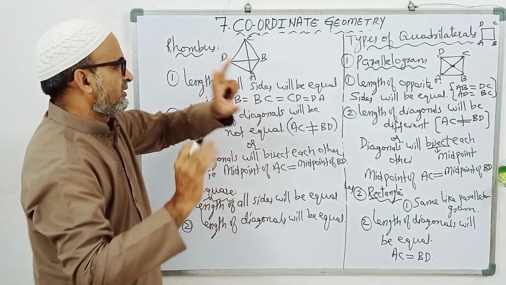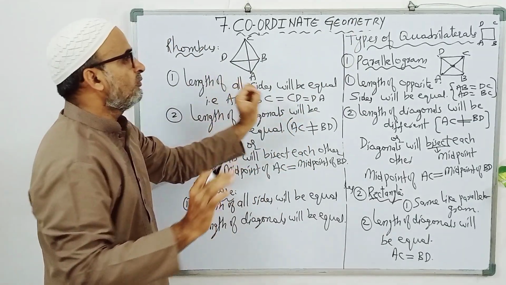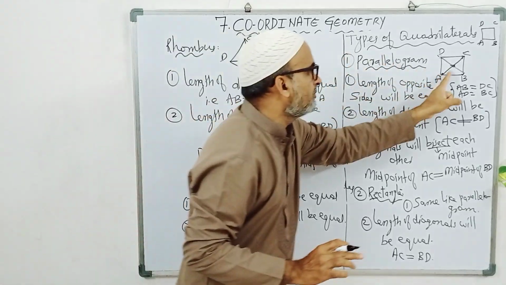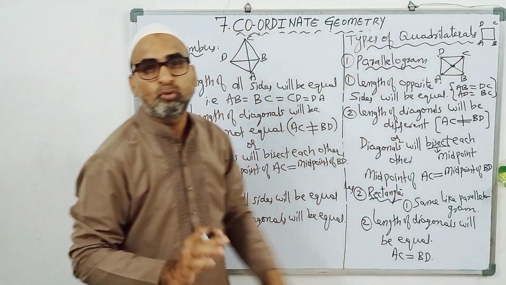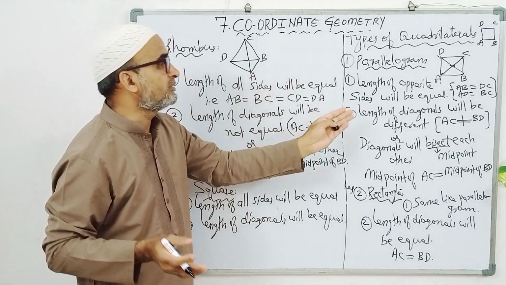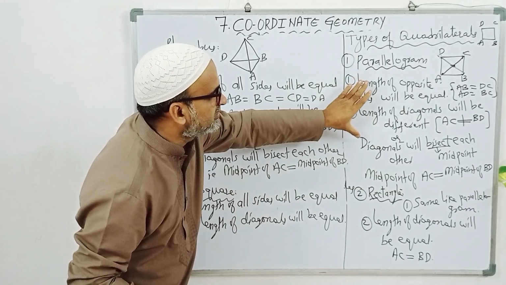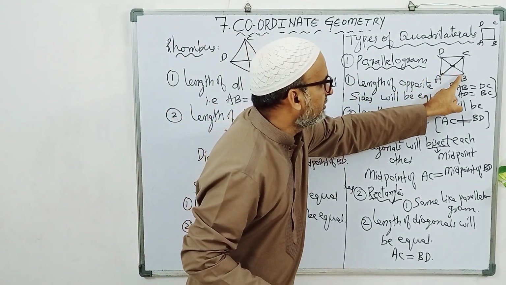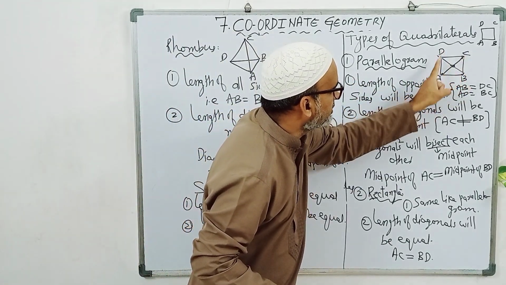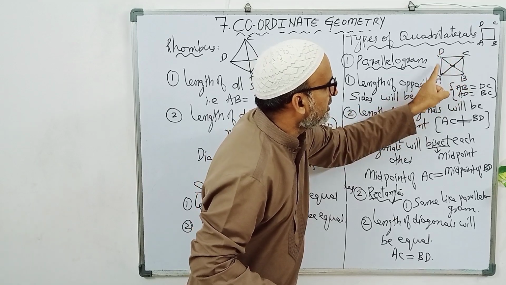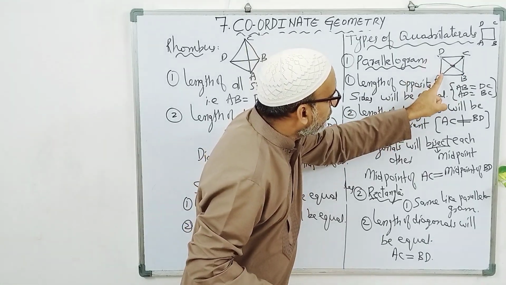So in all this, he will give you four vertices A, B, C, D and ask what type of quadrilateral this is. You should check the properties. Find the distance of AB, BC, CD, DA. If all sides are equal, then go for diagonals.